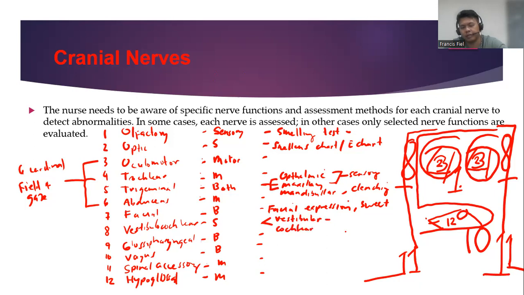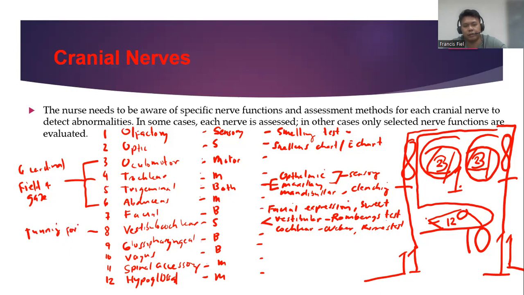The vestibular branch is responsible for balance, which is tested by Romberg's test. And the cochlear branch is tested by the Weber and Rinne tests, using a tuning fork.